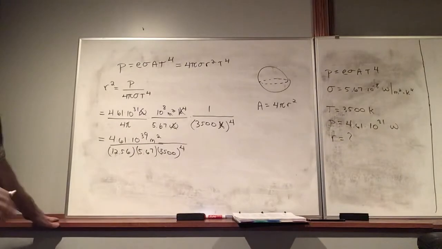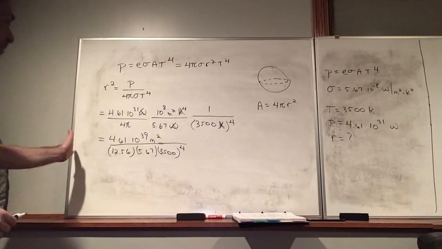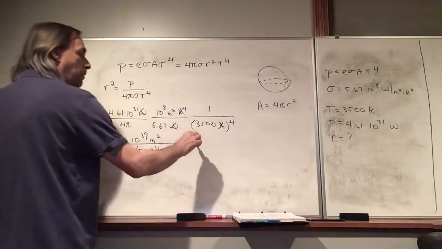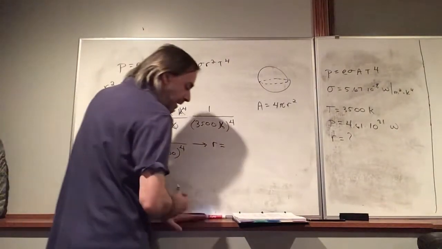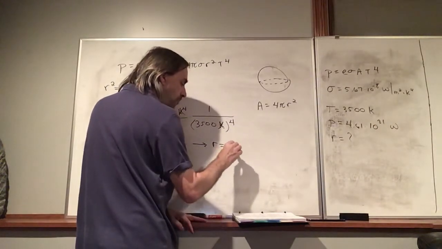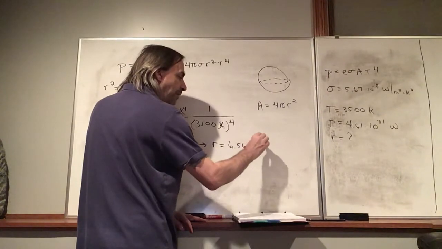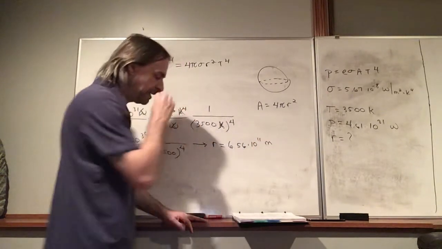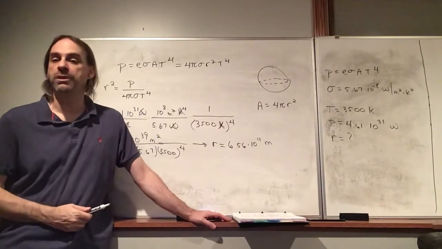Because I'm running out of battery and I already have the answer, basically we would just do this and take the square root. So the radius is about 6.56 times 10 to the 11th meters. Okay, that's how big Betelgeuse is.